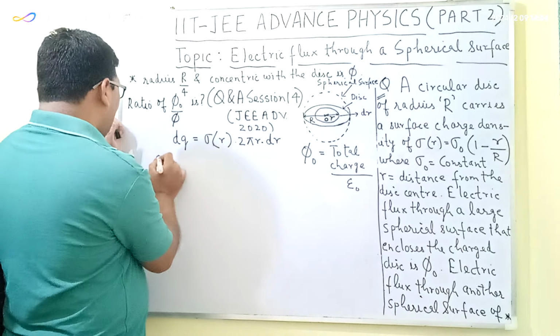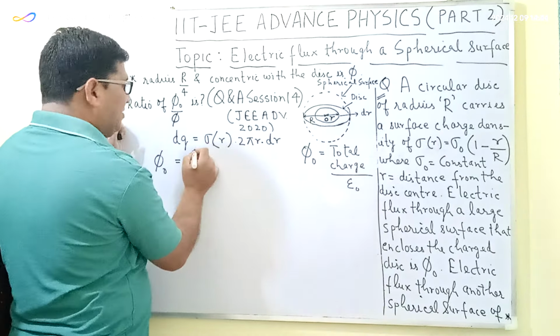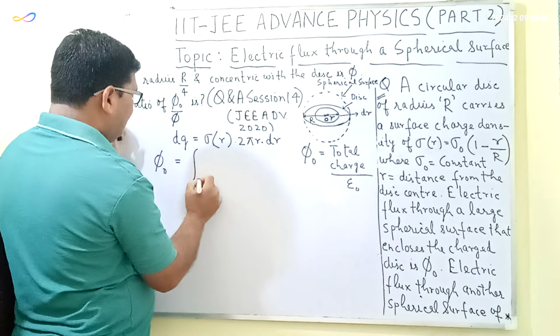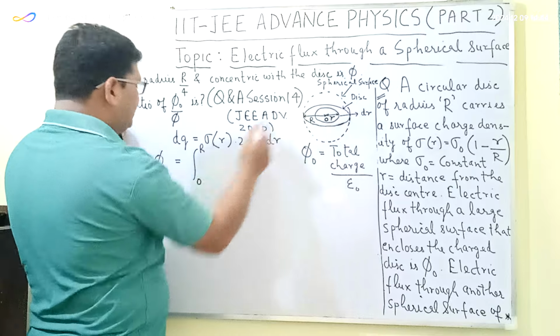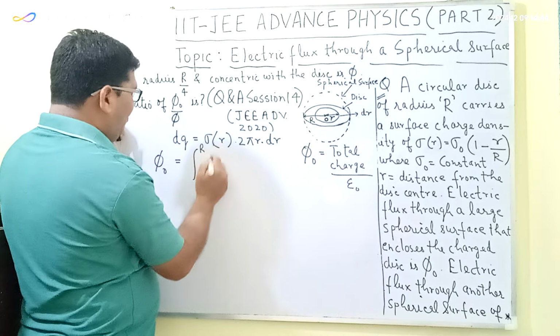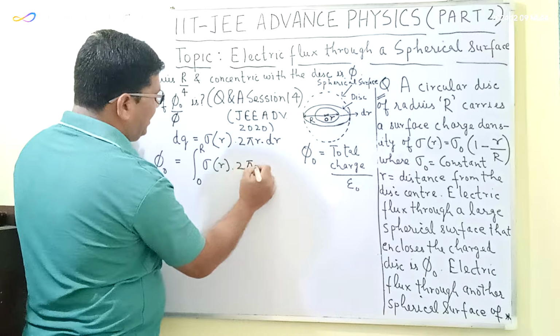So the total charge will be equal to the integration within the limits of 0 to R, where R is the radius of this disk, of sigma r into 2 pi r dr.